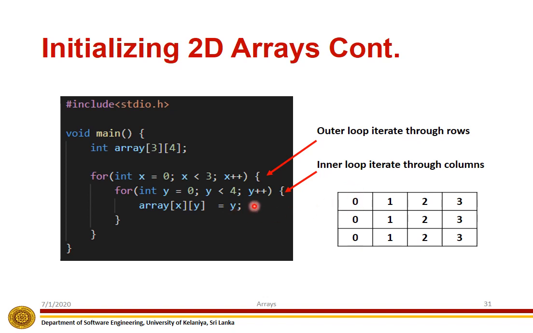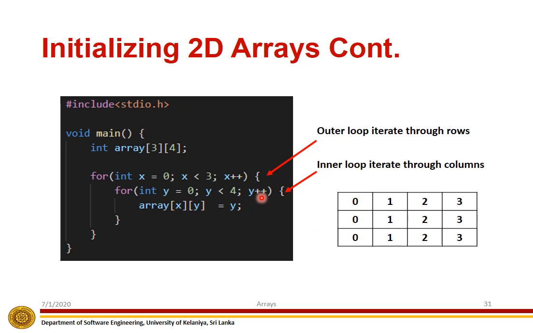Then it will go again to the loop. Then here y plus 1, 0 plus 1 is 1, 1 is less than 4. So it will go to the statement. Now x is 0, y is 1 and the element is also 1. So it will store in the 0th row, first column, element is 1.